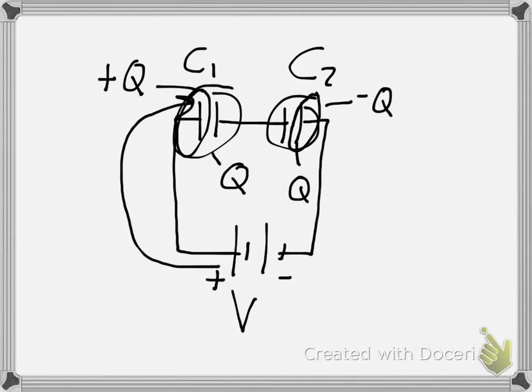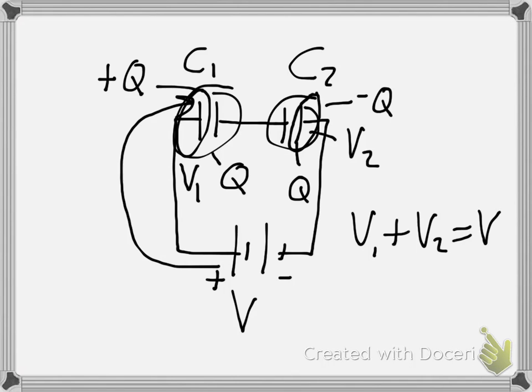So the Q's are going to be the same in this case. But what's different is that this will also have V1 and V2, and in this case V1 plus V2 must equal V. Alright, so that's the key here.